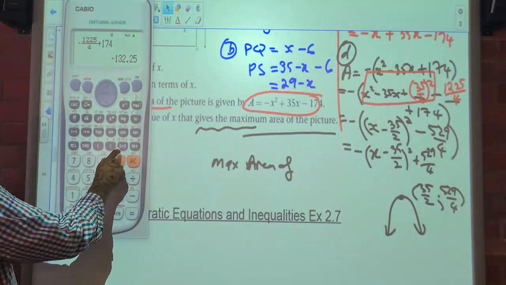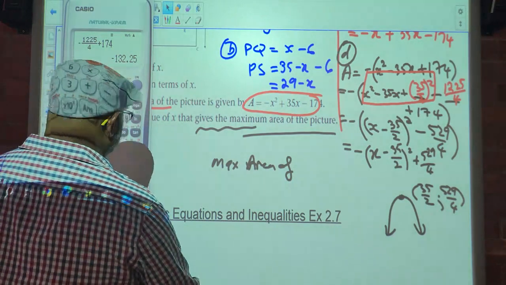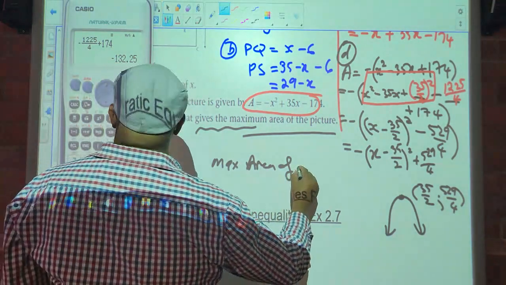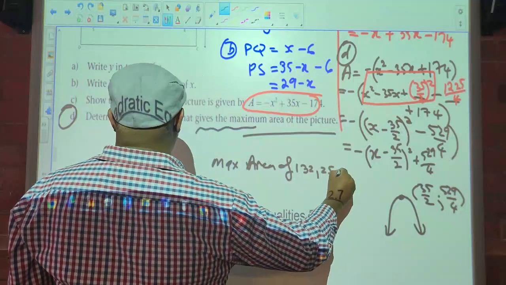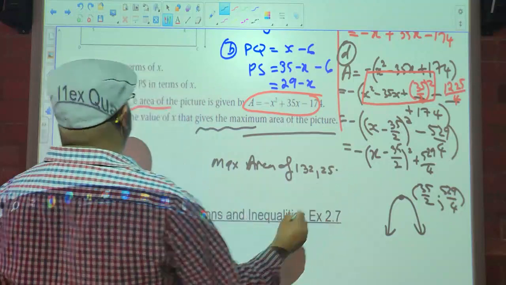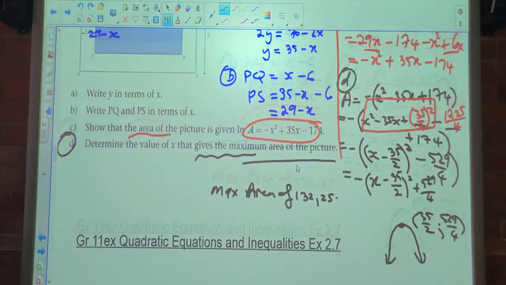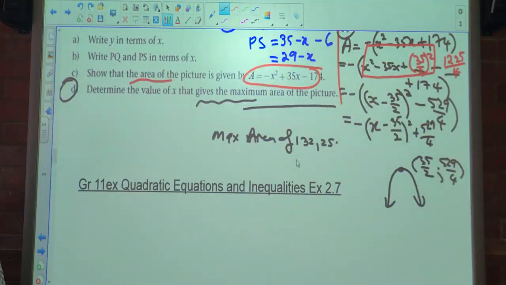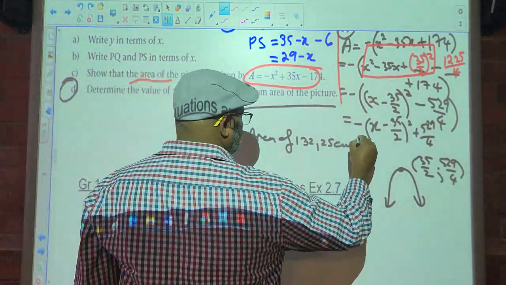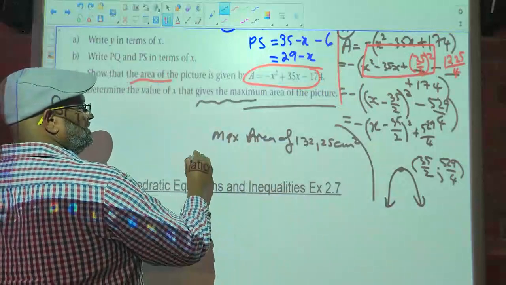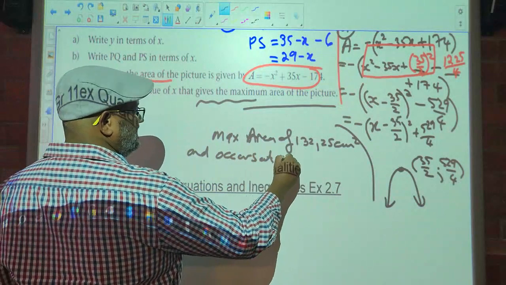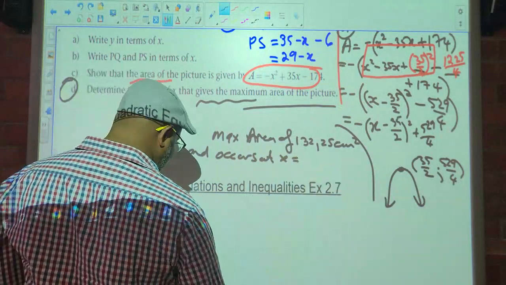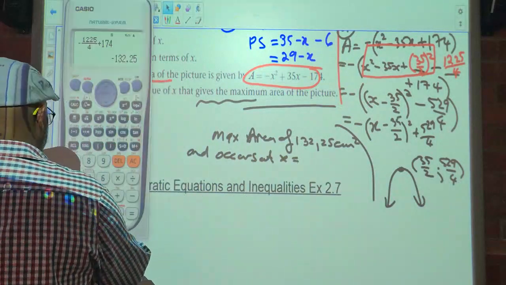Normally we change that to decimal, so it's 132,25. Because they're talking about centimeters, no? Yeah, centimeters. So it will be centimeters squared and occurs at an x value of 35 over 2, which is 17 and a half, I think.